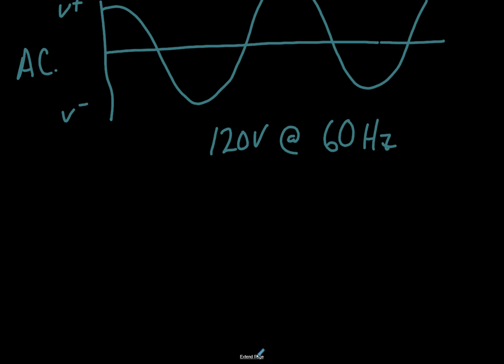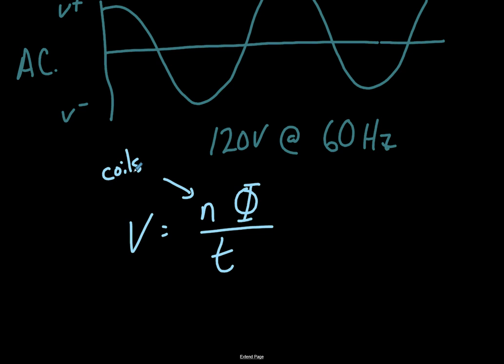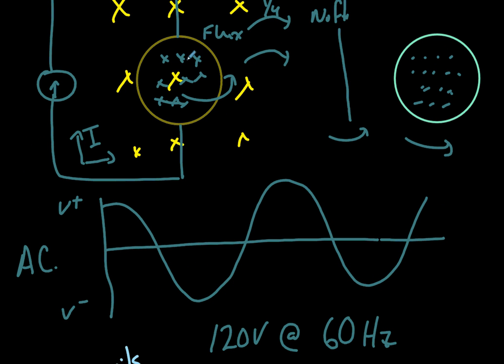And the last thing I'm just going to show you is the math. This is just the math on this, and then we're done. So what this represents is N, the number of coils inside that wire that you're spinning. You're not just going to spin one wire, you're going to spin a whole solenoid. Every loop of wire you add multiplies the amount of voltage you get.